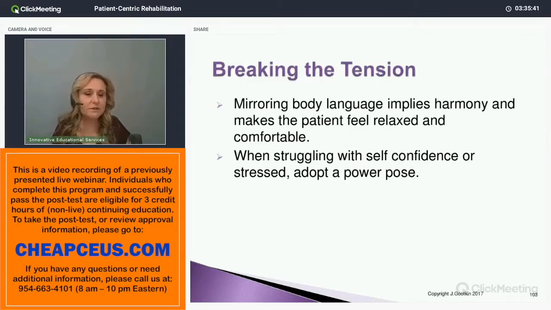Another aspect to consider, if you're working with any population, but athletes or someone returning to work, or if you're in pediatrics, whatever it may be, is the benefit of the power posture, where someone sits up straight, the chest is out, shoulders are back, neck is aligned, that kind of power pose.